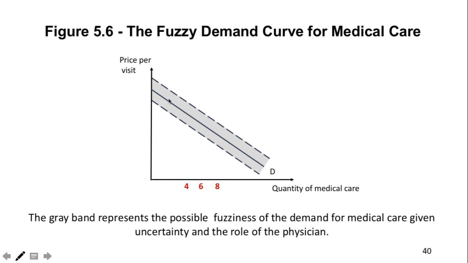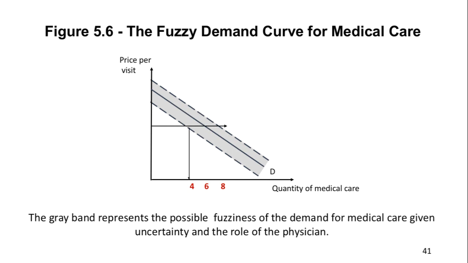We have a gray band, which represents the possible fuzziness of the demand for medical care given uncertainty and the role of the physician, because at each specific price we may have different demands, depending on the type of medical care and on the physician's decision.